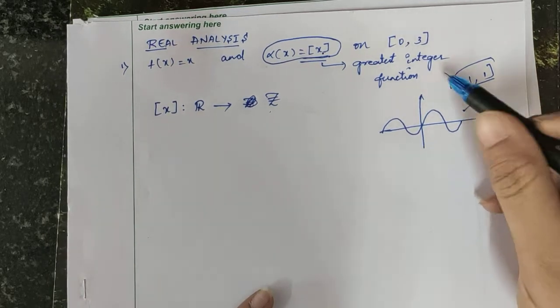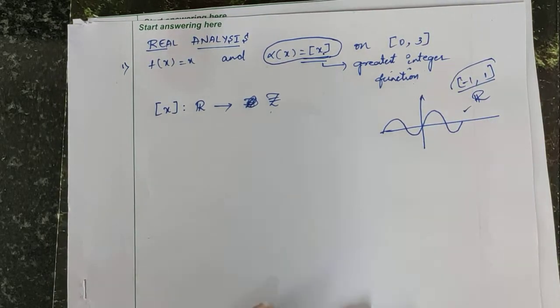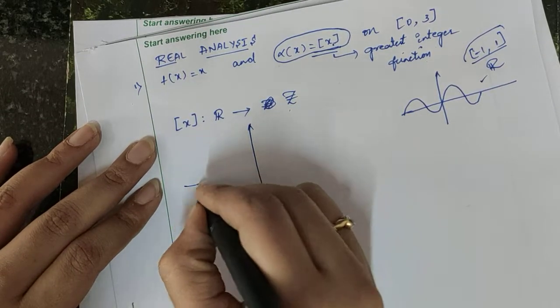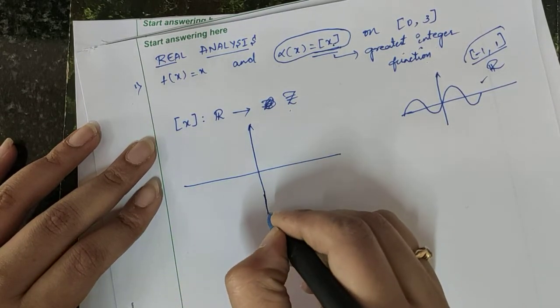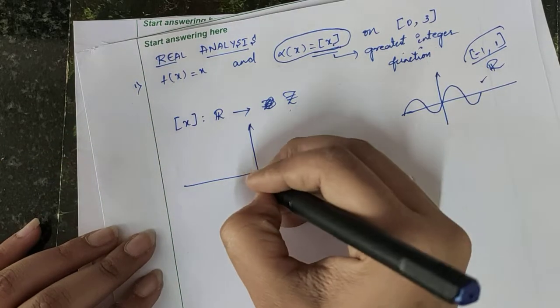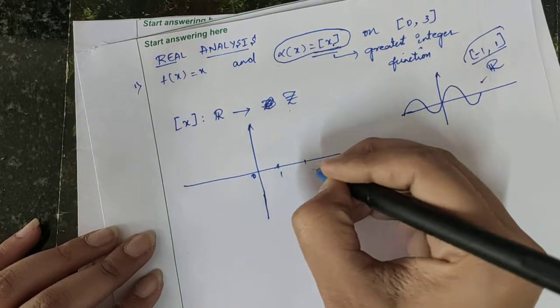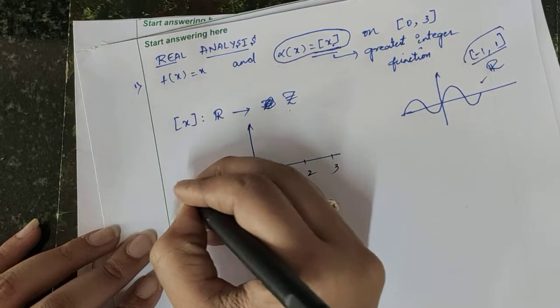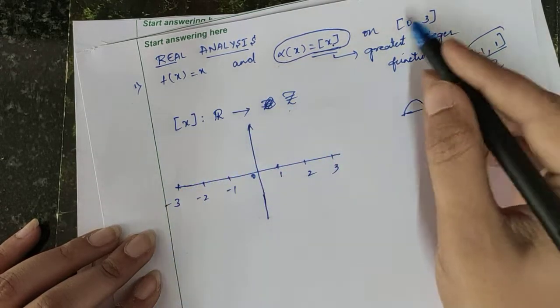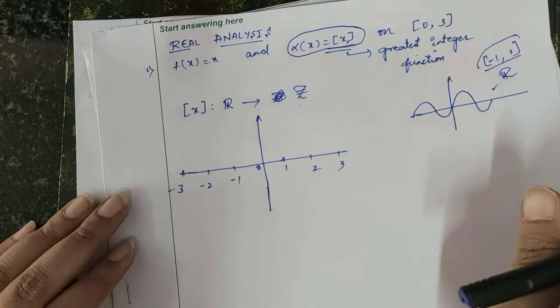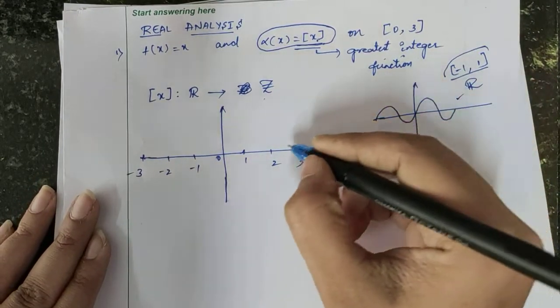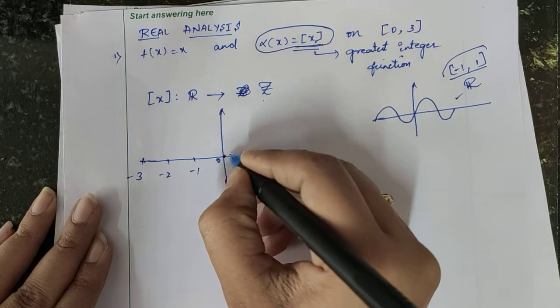When it comes to the greatest integer function, the graph you will get will be different. That is 1, 2, 3. Here I will denote -1, -2, -3. This greatest integer function is a monotonically increasing function and you will get a graph in this way.